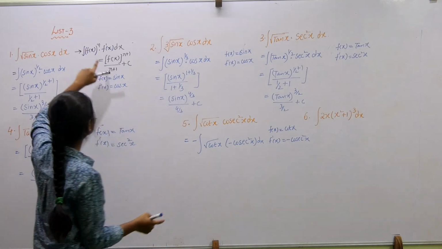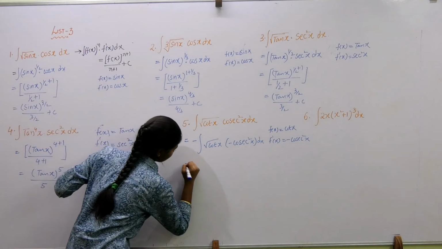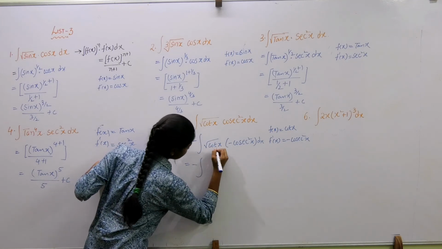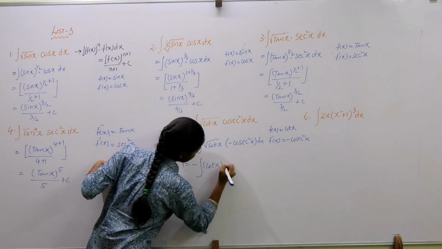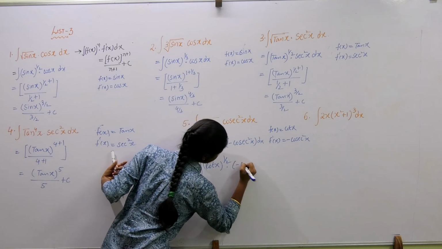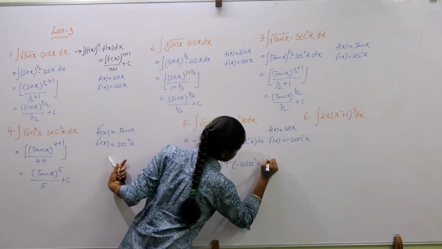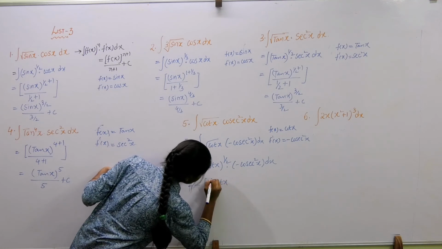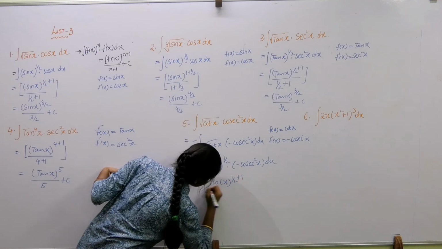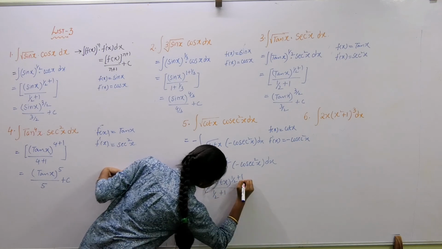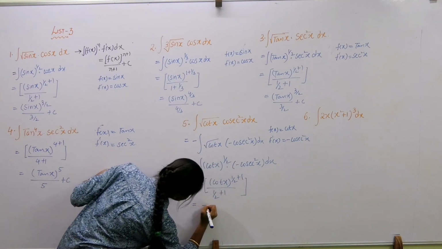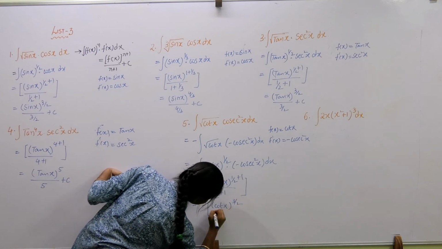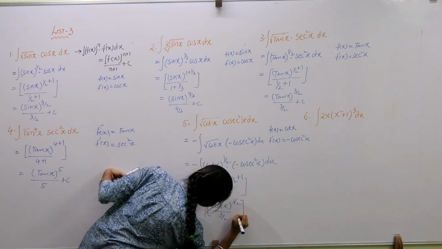Now this is in the form of the formula. Let me write one other step, this root as (cot x)^(1/2) into minus cosecant square x dx. On substituting the formula, we get (cot x)^(1/2+1)/(1/2+1), which equals minus of (cot x)^(3/2)/(3/2) + c.